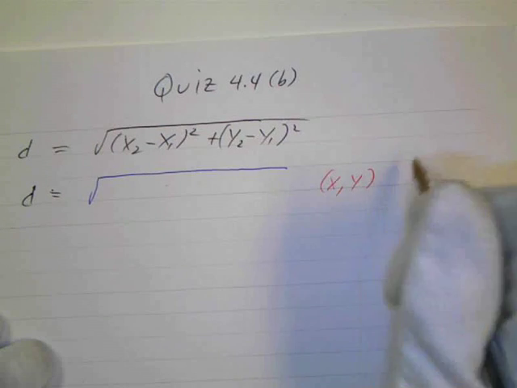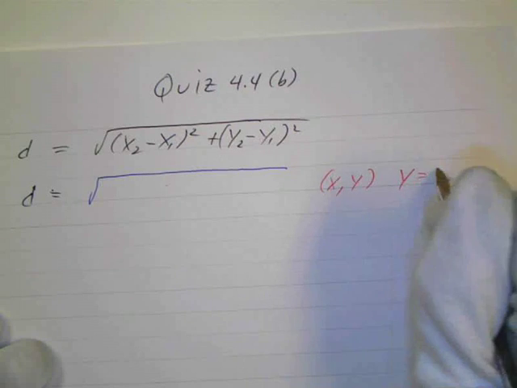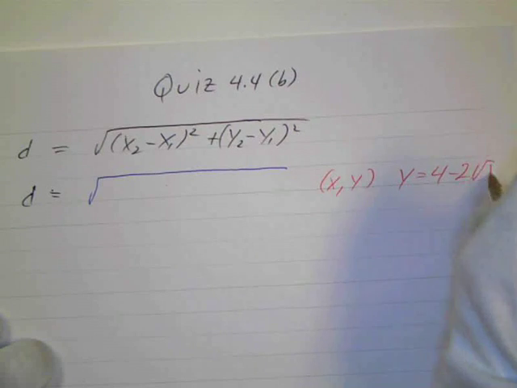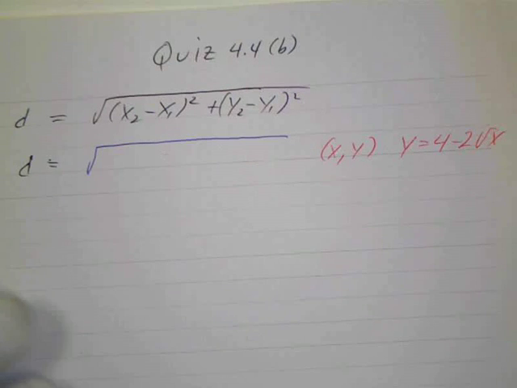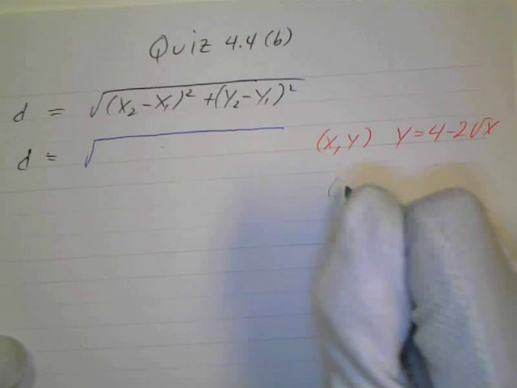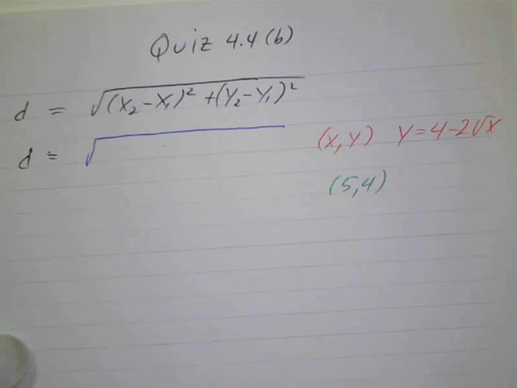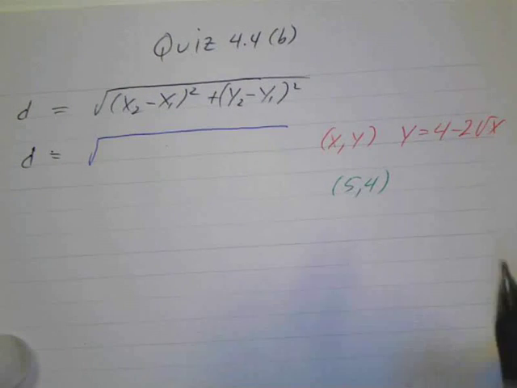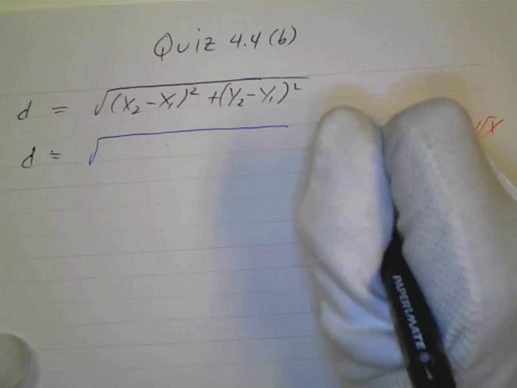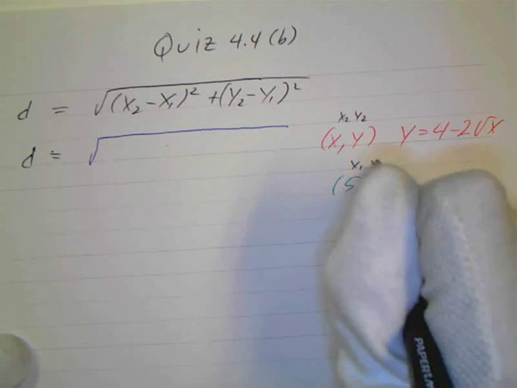And remember, this is on the curve: y equals 4 minus 2 times the square root of x. And then my other point is 5, 4. So I'll think of this as my x2, y2, and this will be my x1, y1.